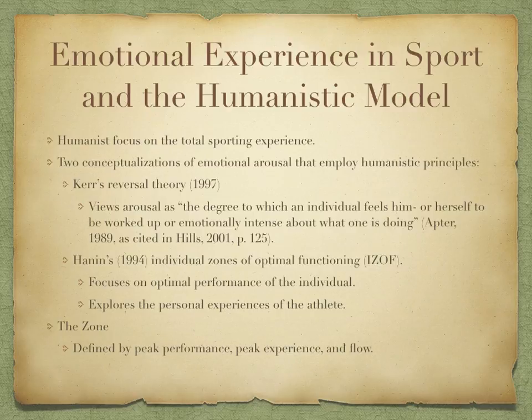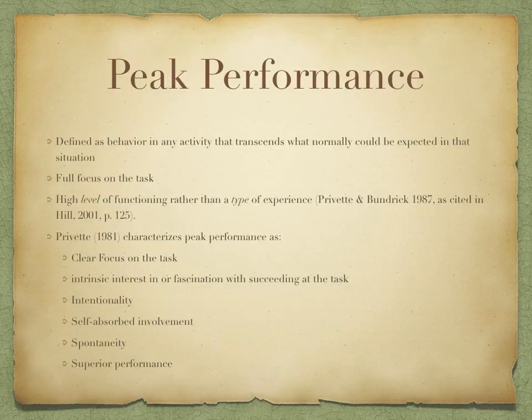Hanin's model explores the personal experience of the athletes rather than generalizing athletes in a group. Athletes express these optimal performance experiences as being in the zone, which is defined by peak performance, peak experience, and flow.